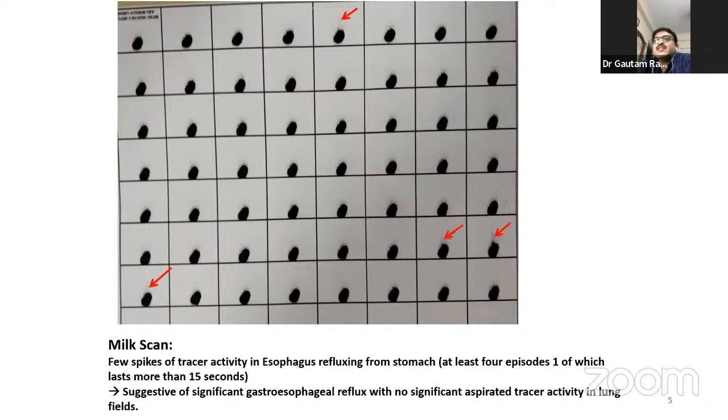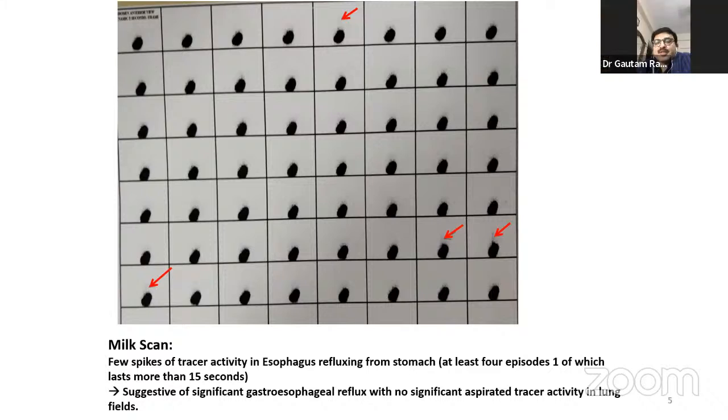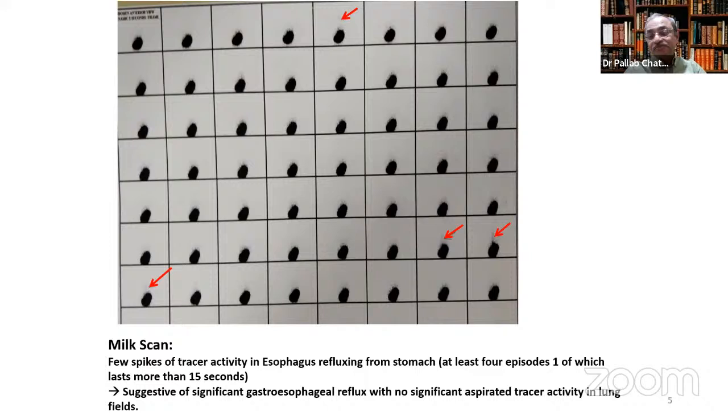In this infant, if we have a pediatric surgeon on board, maybe. Do we have anybody? No, we don't. So I leave it to the others. And milk scan, do you really do it? No, we don't.